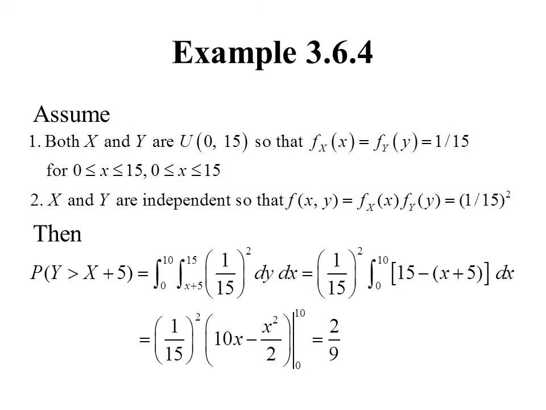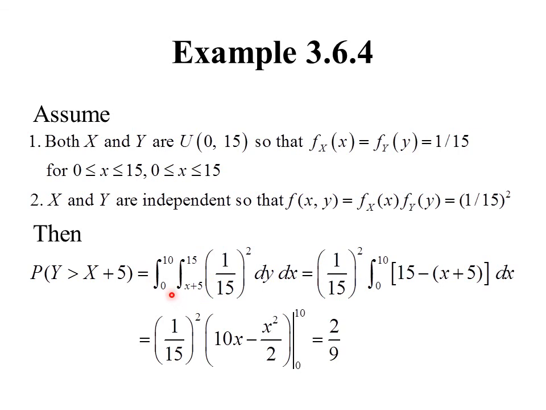Now, we want to know the probability that the man has to wait longer than 5 minutes. Well, in terms of my random variable, that means that the woman arrives more than 5 minutes after the man, or y has to be greater than x plus 5. And so, by a third property of a joint PDF, to calculate this probability, we're going to integrate the joint PDF over all values of x and y of interest. And so to set up this double integral, we could sketch a graph similar to what we did in the previous example.